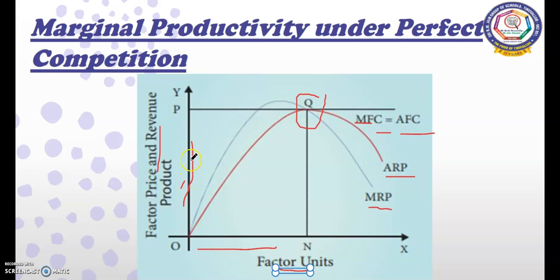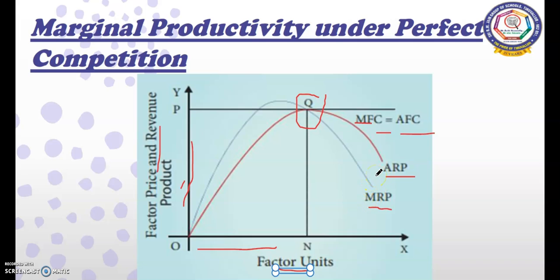Here you can see OP price, where MFC equals MRP. At that point, that is Q, MRP is equal to ARP.